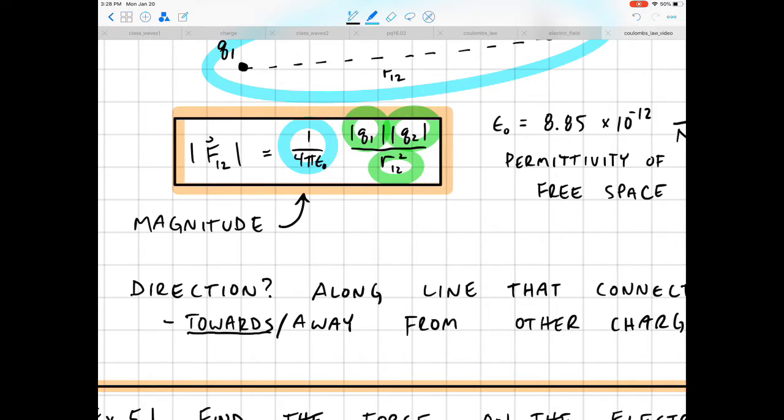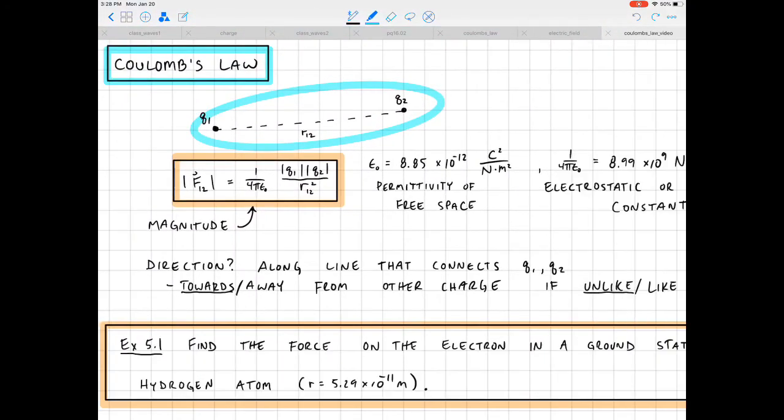All right, so let me get rid of some of these marks. The constant is 1 over 4 pi epsilon naught. Epsilon naught is referred to as the permittivity of free space. That is equal to 8.85 times 10 to the negative 12 Coulomb squared per Newton meter squared. And again, that's the permittivity of free space.